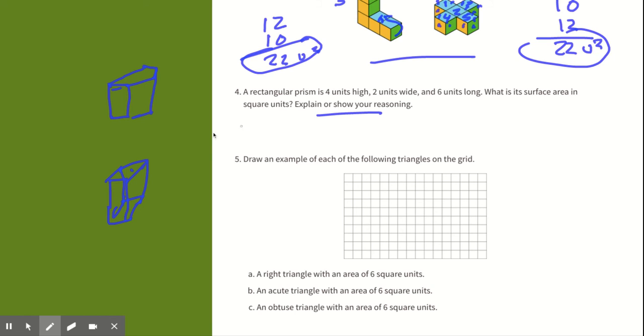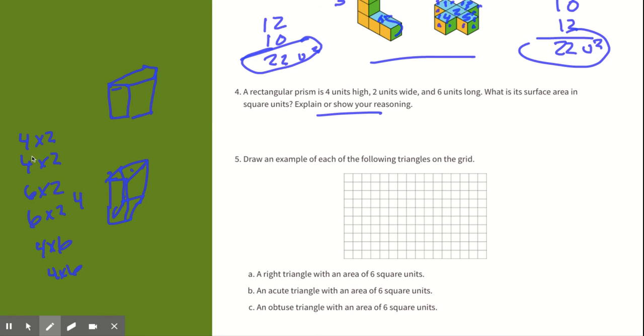So 4 units high, 2 units wide, which means this panel right here is a 4 by 2. The panel in back is a 4 by 2. The panel on top is a 2 by 6. There are 2 of those. And the panels on the side are 4 by 6s, 2 of them.